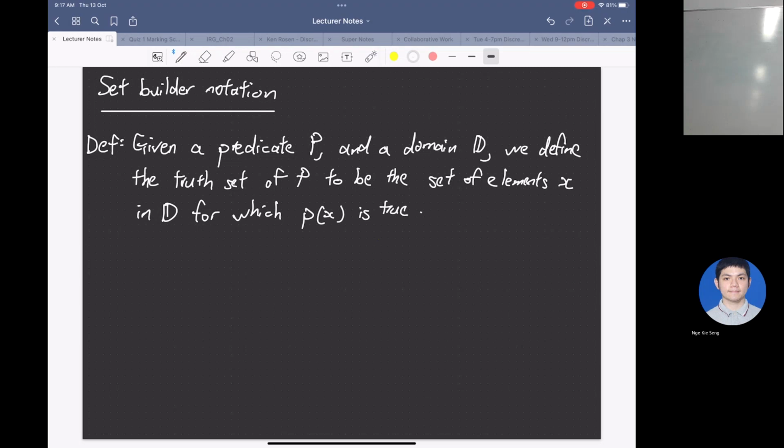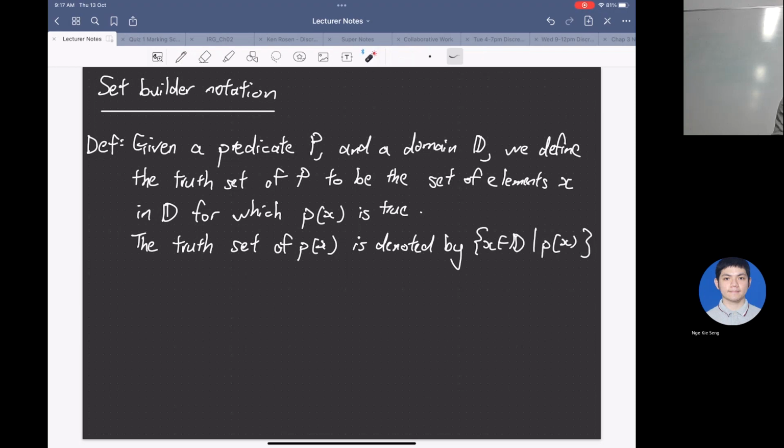So the truth set notation is {x in D | P(x)}.